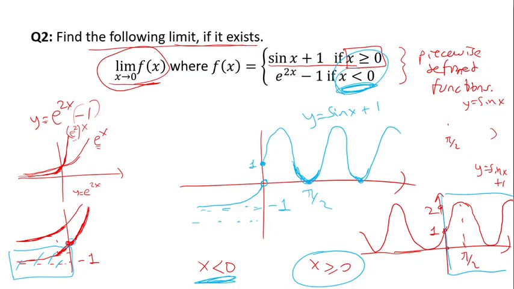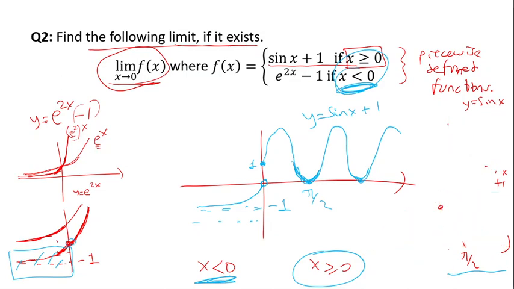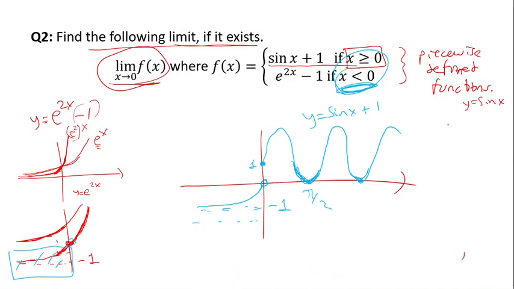This is the graph. It has an asymptote here.